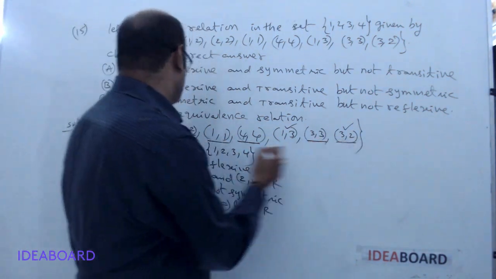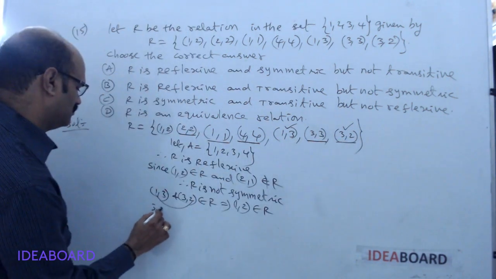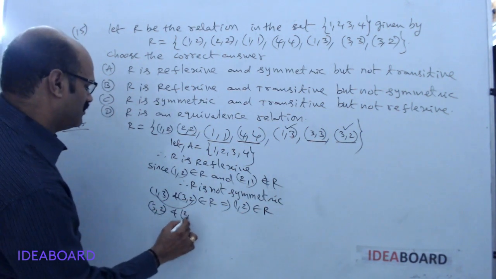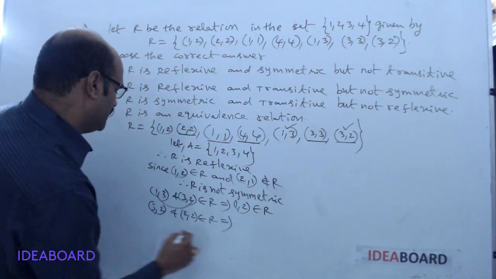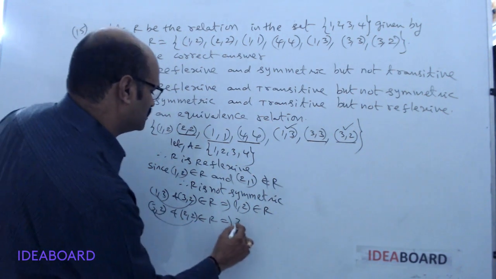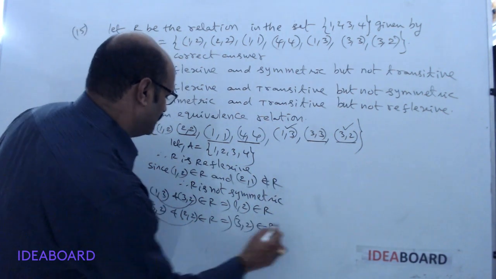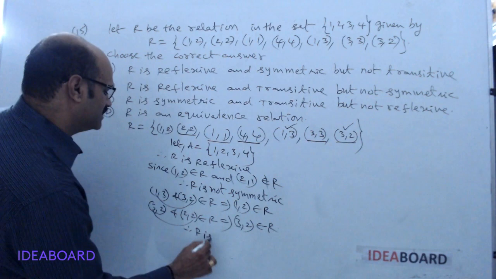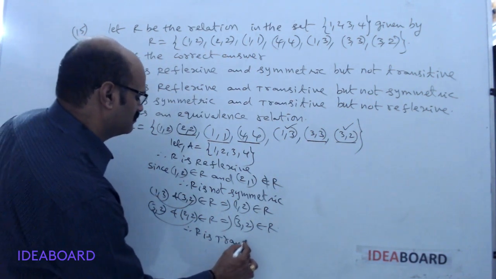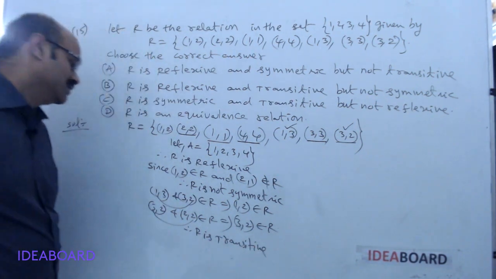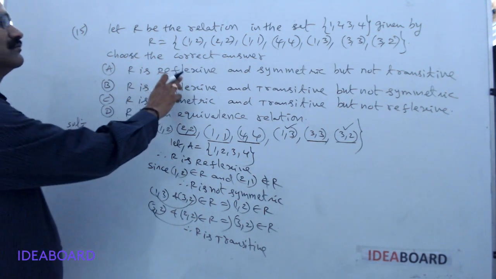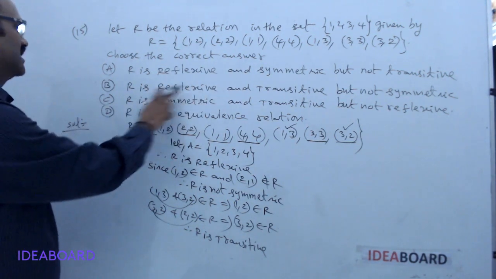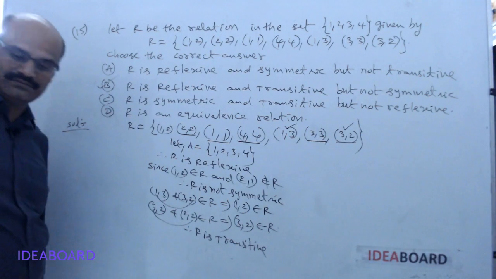Take (3, 2) and (2, 2) belong to R. It implies (3, 2) is also belonging to R. Therefore, we say that R is transitive. Reflexive and transitive but not symmetric. Option B is correct.